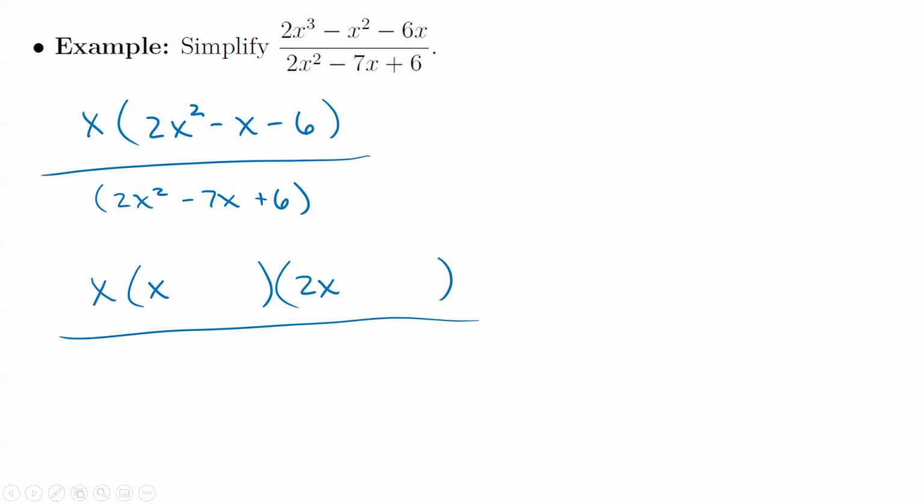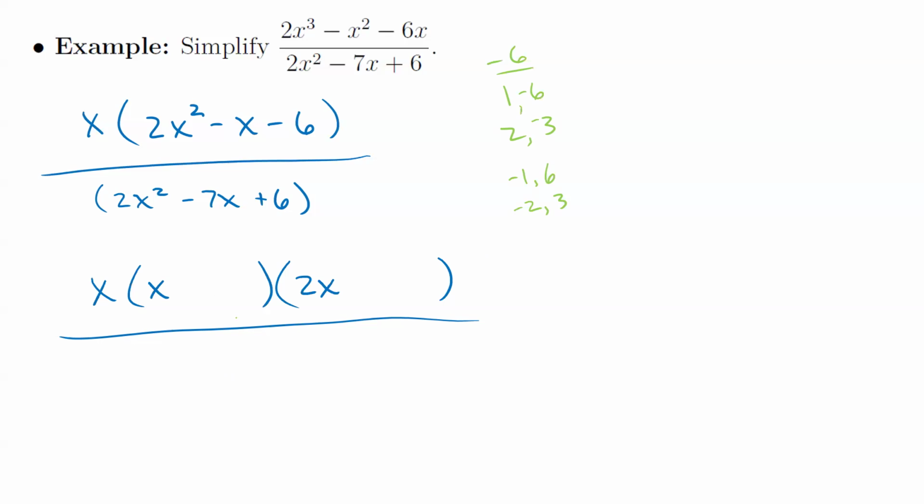So remember with guess and check, we're thinking of the ways that -6 could break down: 1 and 6, and 2 and 3, and we could have negatives there and there, or we could have -1, 6, -2 and 3. And so we can go ahead and plug stuff in and see what we get.